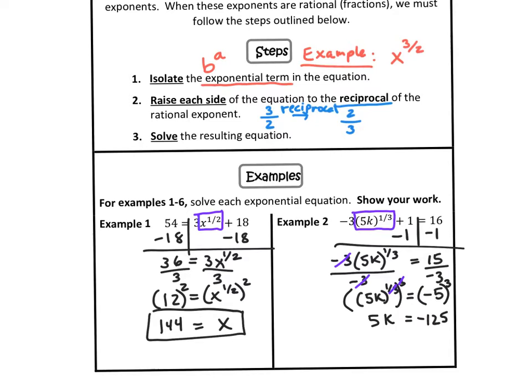And then one more step, divide both sides by 5. So k equals -25. K equals -25.